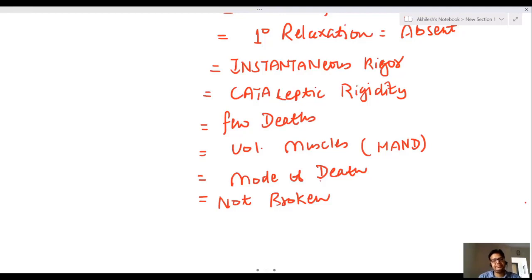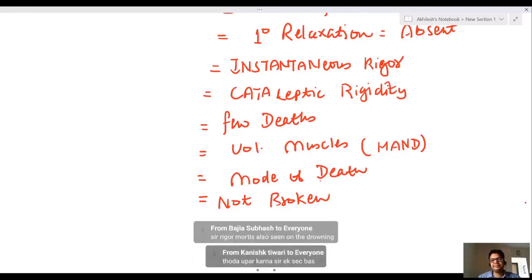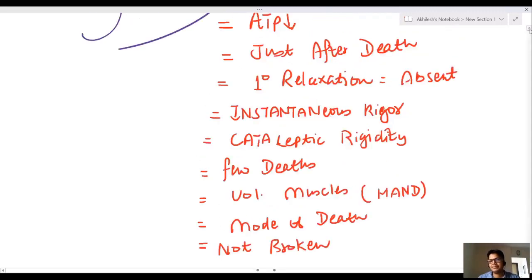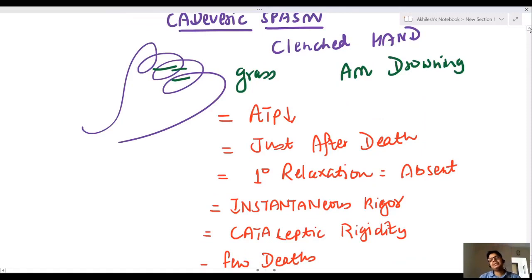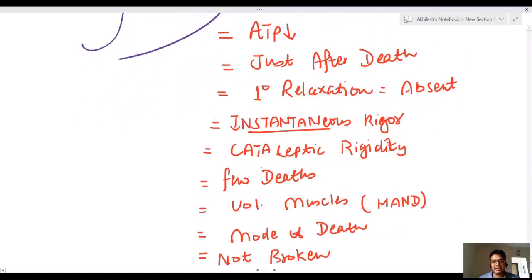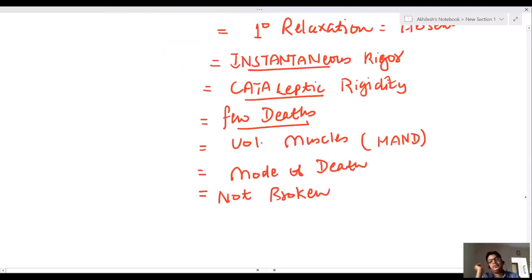Instantaneous rigor, cataleptic rigidity. Mechanism is the same, ATP depletion. It generally involves voluntary muscle and gives an idea of the mode of death. It is not broken.